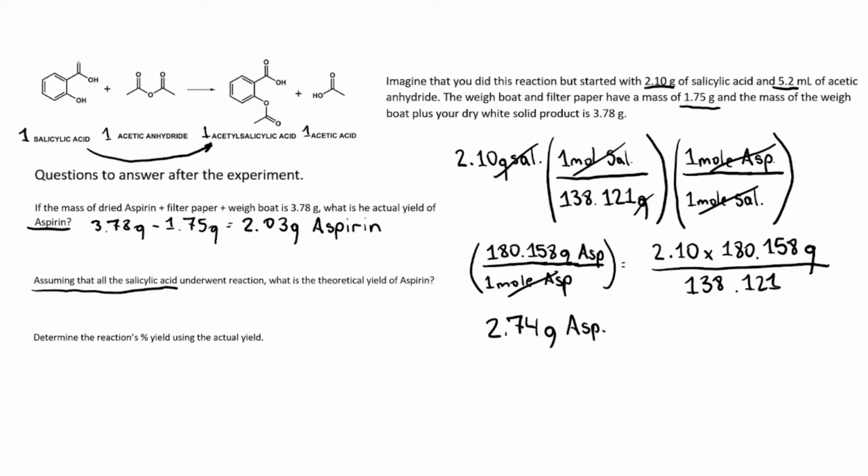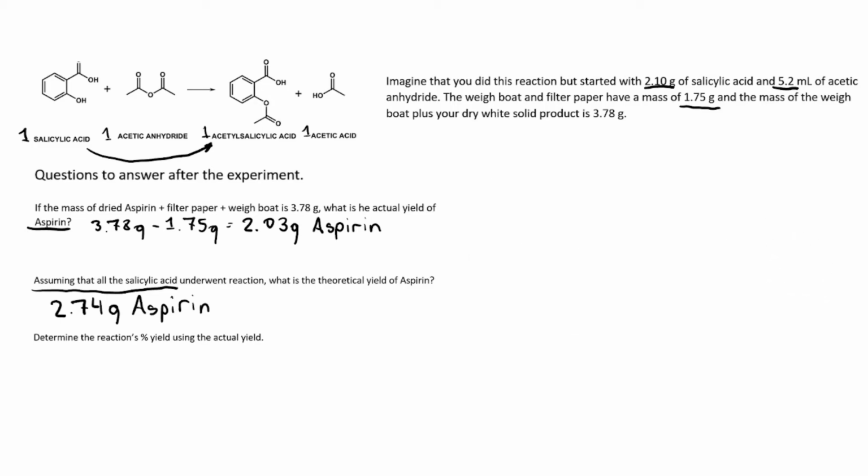Alright, so that's the second part. That is the theoretical yield for aspirin in this reaction. This is to say that if everything went perfect and we got everything we possibly could out of our reaction, this would be the theoretical yield.